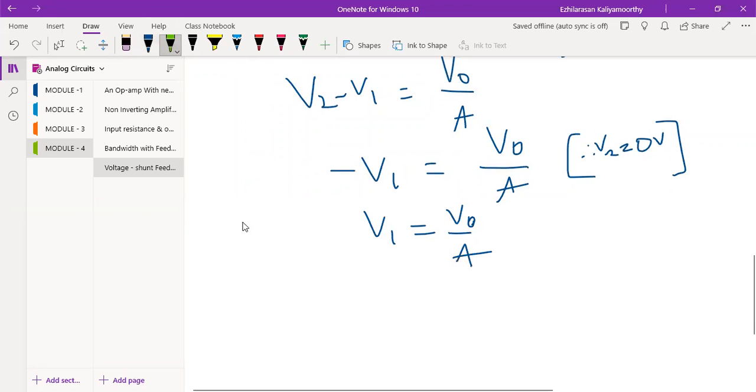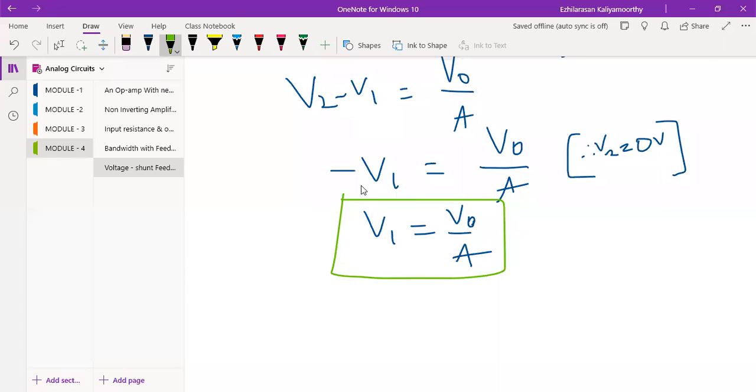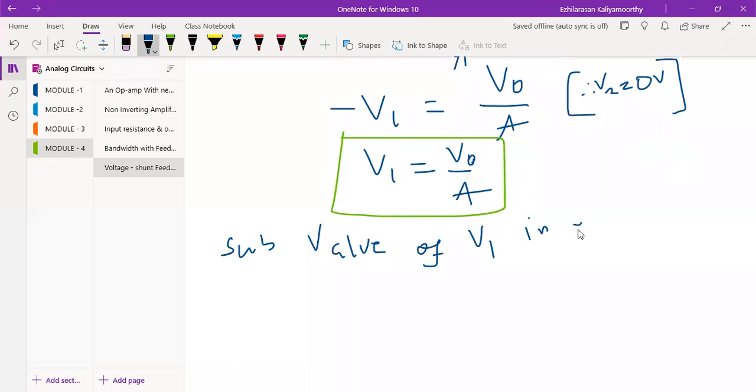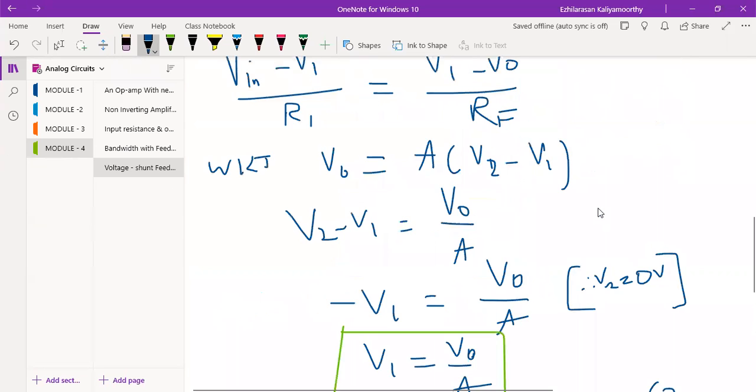Now take this and substitute it into the equation. Substitute the value of V1 in equation 3. That is equation number 3.